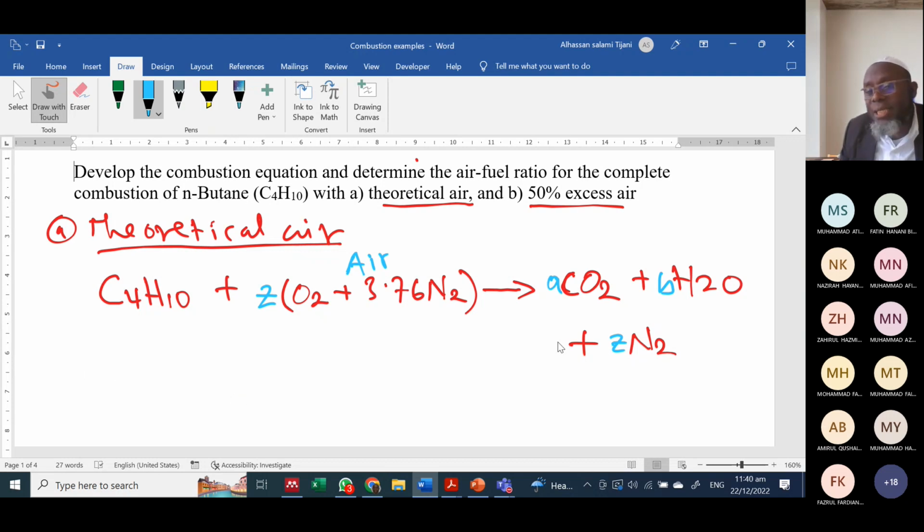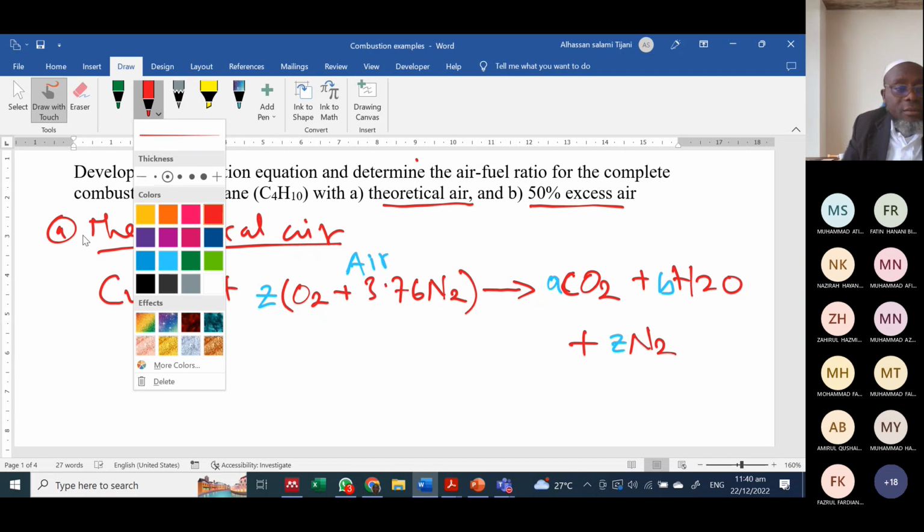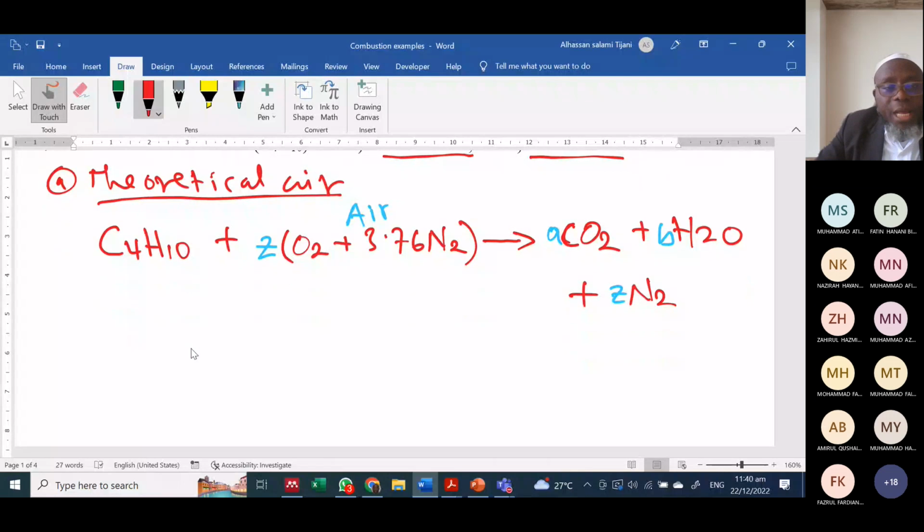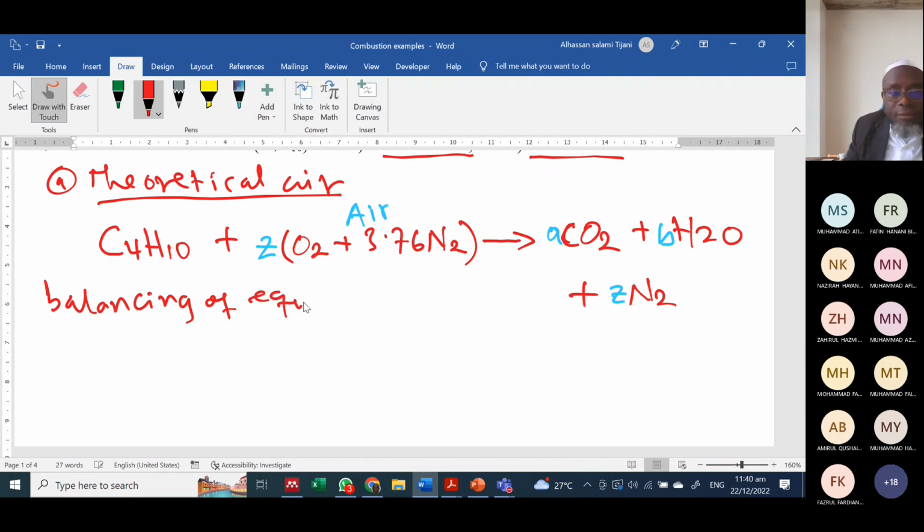So we are going to balance the equation now. Balancing the equation, we will take them one by one. We will take carbon first.